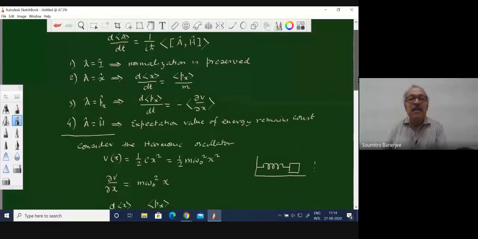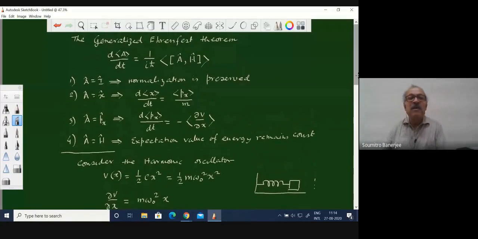Effectively, any time you need to obtain a conservation law, it has to be obtained from the generalized Ehrenfest theorem. And these two equations are equivalent to the Hamiltonian equations that you will learn in the classical mechanics course. Only in place of x we have the expectation value of x, and in place of p we have the expectation value of momentum. That's the only difference.